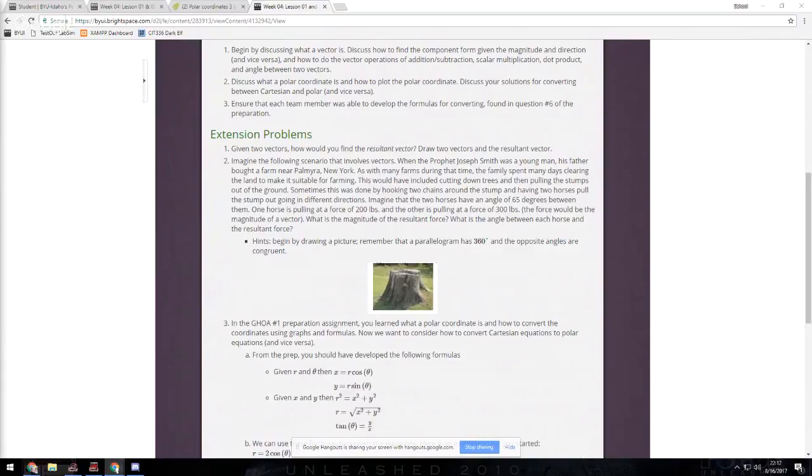So say the one vector is 0, 4 along the y-axis, so it goes up 4, and the other one is 5, 0.